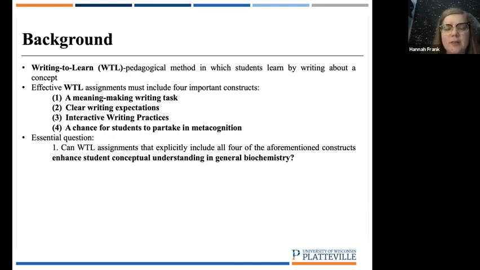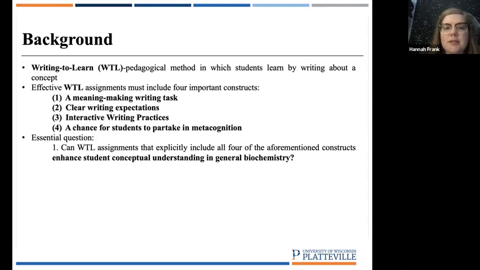And so in order for these writing assignments to be effective, they have to include 4 different constructs, which are as follows: a meaning-making writing task, meaning they have a specific context and specific audience in mind when they're doing their writing; clear writing expectations, and this means that they receive a very clear and detailed prompt that lets them know about that audience and that context, as well as any expectations for their writing or quality of writing.